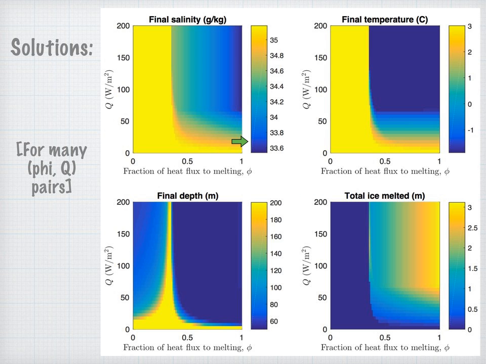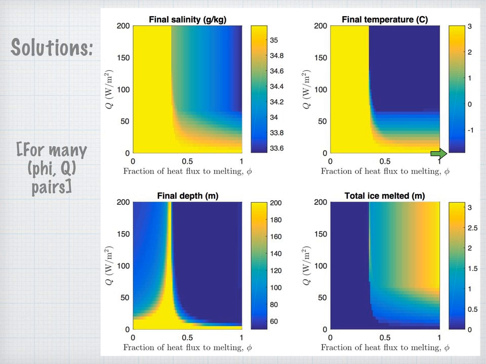So, for example, if all of the heat flux is going to melt ice, then you would end up here, and your salinity would have dropped. It would have fallen in the polar surface layer. And for most values of Q, you would reach this blue phase here, which is the freezing point. So in other words, within the 6 months, you cool the surface layer to the freezing point.